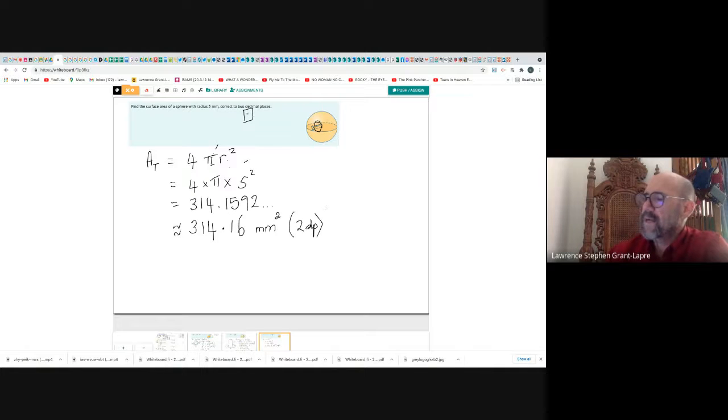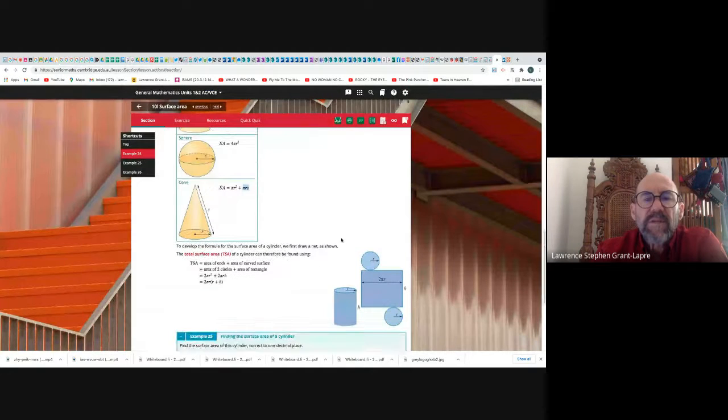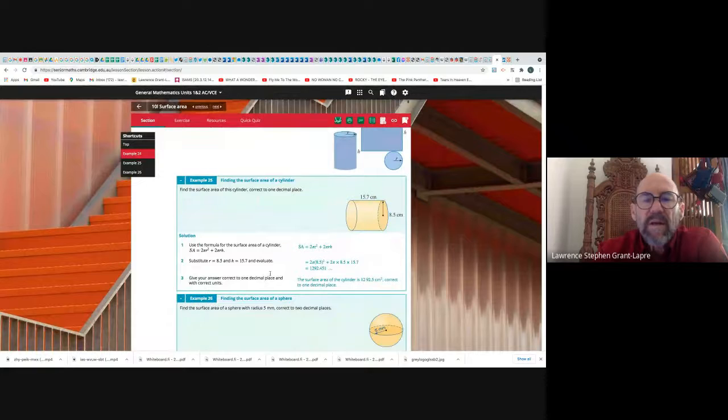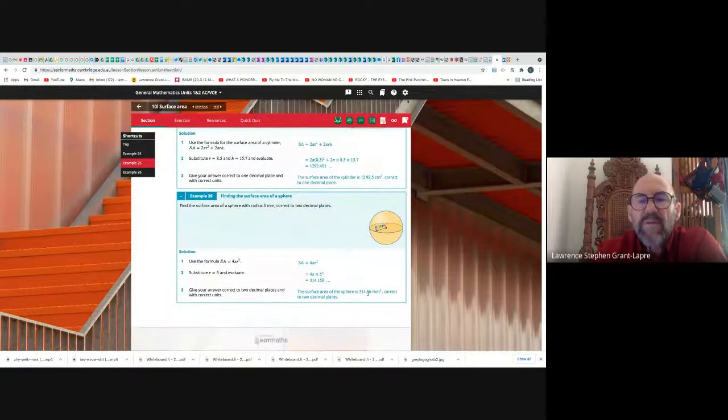Now we can tick that box because we've done it. 314.16 square millimeters. So let's go to this third example, and it was a sphere, and it's 314.16 square millimeters, correct to 2 decimal places.